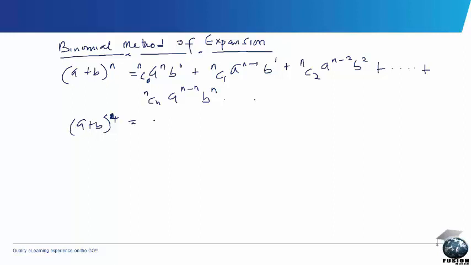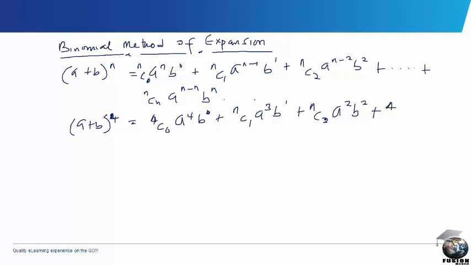So this becomes, where n is equal to 4, 4 combination 0, and a is raised to the power 4 while b is raised to the power of 0, and then 4 combination 1, a is raised to the power 3 because we have 4 minus 1, which gives you 3, and b is raised to the power 1. Then for 4 combination 2, a is raised to the power 2 because 4 minus 2 gives you 2, and b is raised to the power 2, and then we continue till we get to the last term, n, which is 4.